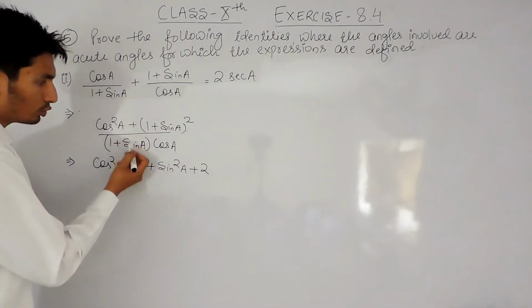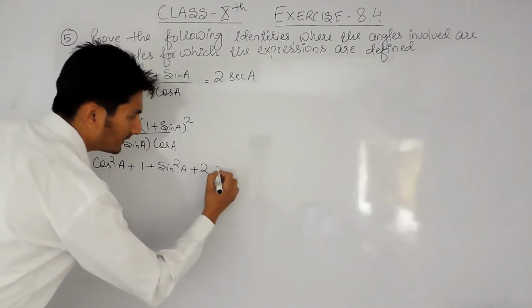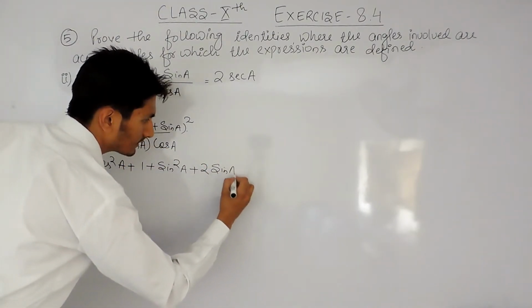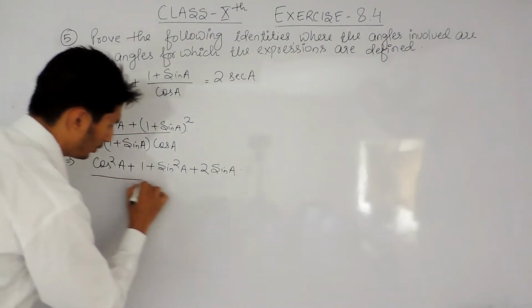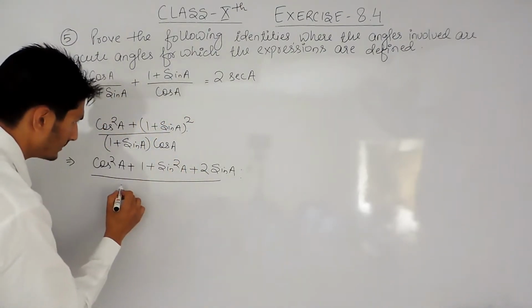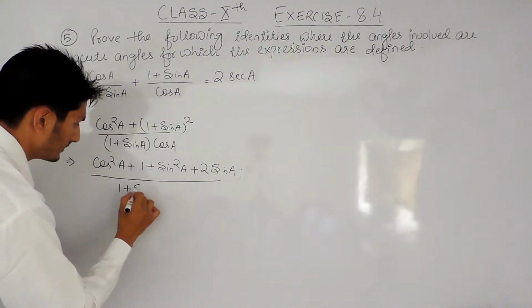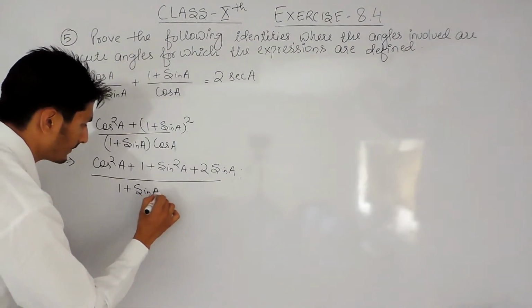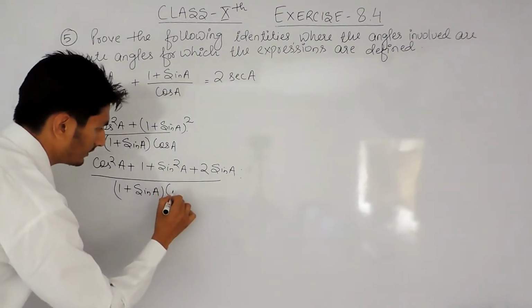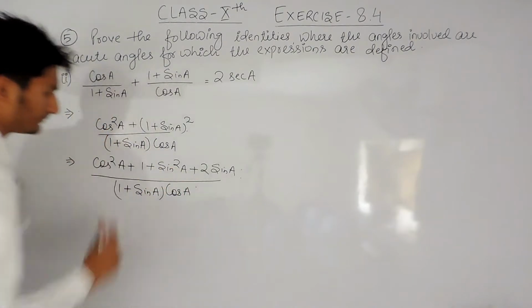Our a is 1, so a square is 1, b square is sine square A, and 2ab is 2 into 1 into sine A, whole upon (1 plus sine A) multiplied by cos A.